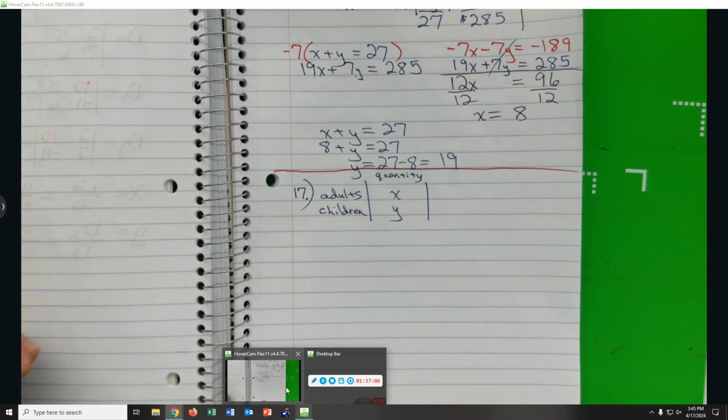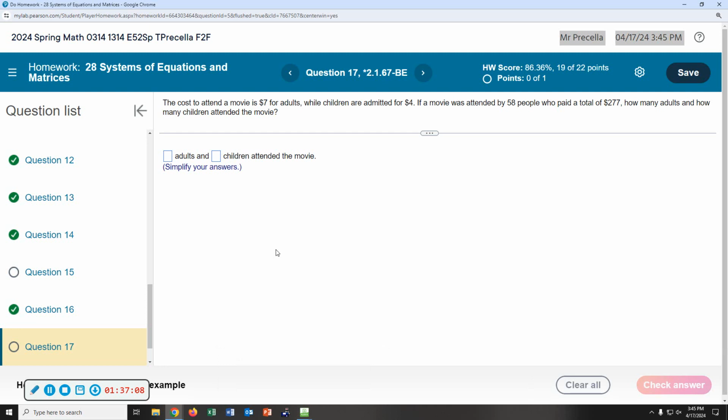Let's reread some more. The cost: the adult tickets cost $7, and children tickets cost $4.